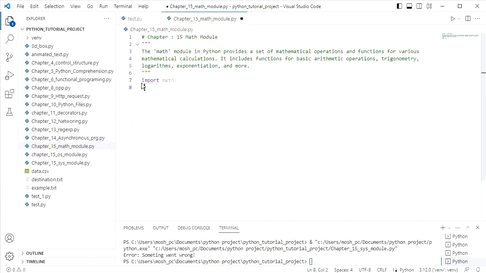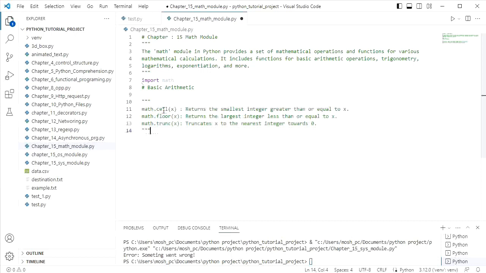Now we will see some basic arithmetic functions. Now see here, math.ceil returns the smallest integer greater than or equal to x, math.floor returns the largest integer less than or equal to x, and math.trunc truncates x to the nearest integer towards 0.